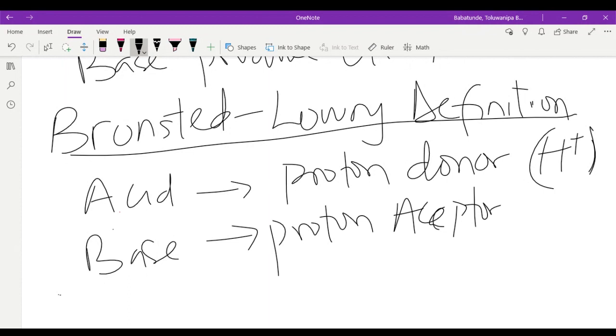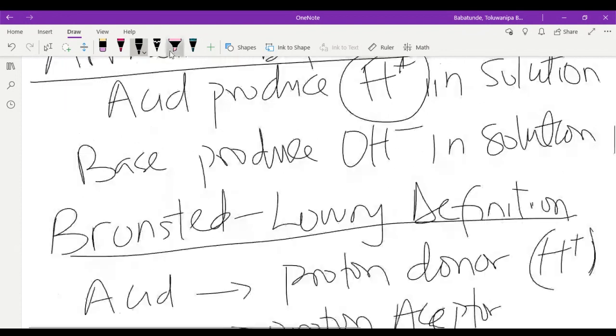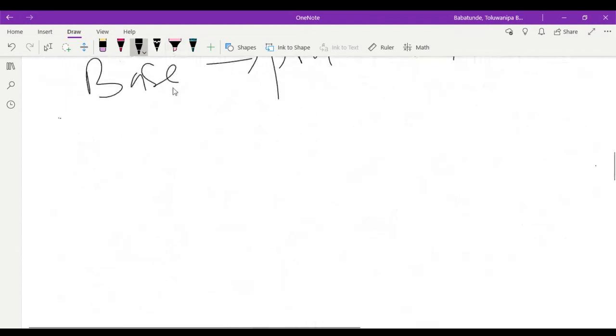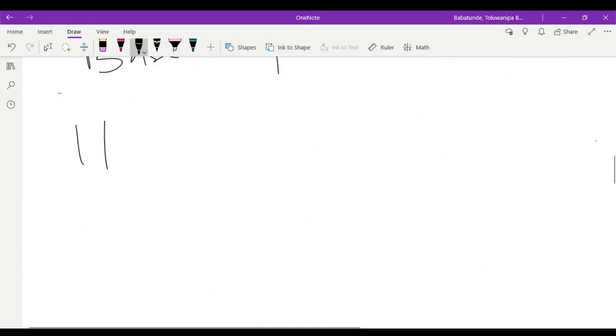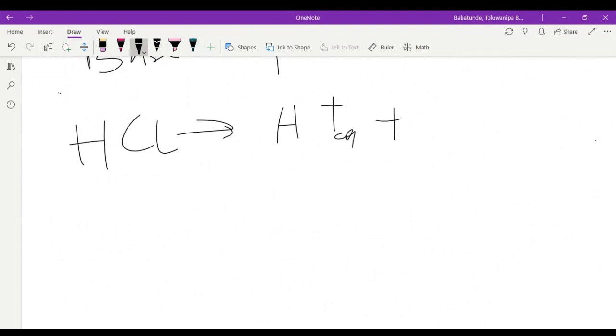So, according to Arrhenius, if you have HCl, it's going to dissociate into H+ aqueous and Cl- aqueous.